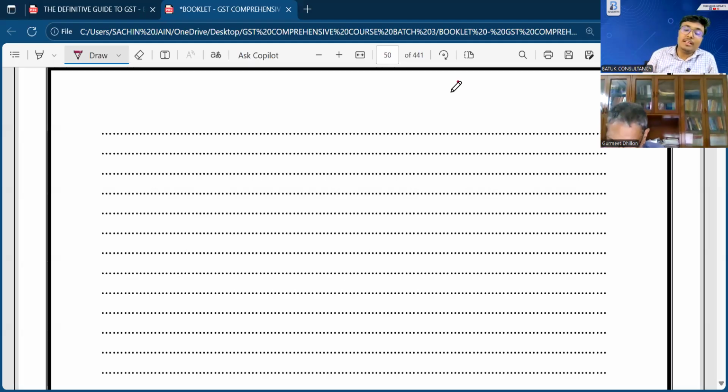We have done the concepts of when a particular activity or transaction becomes a supply, how GST will be applicable on that, and how we can decide whether a supply is a supply of goods or services, or a mixed supply or composite supply. Then we did the time by which we have to show that supply in our GSTR 1 and 3B, and also the value on which we have to show it in our return.